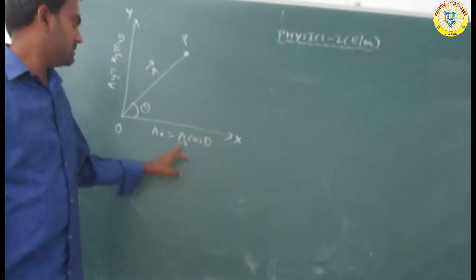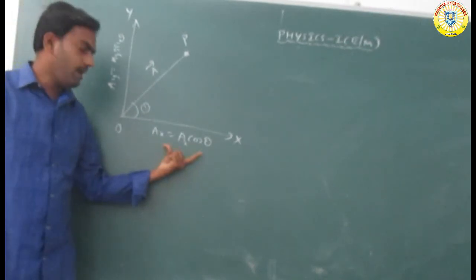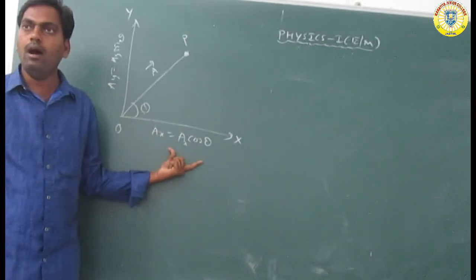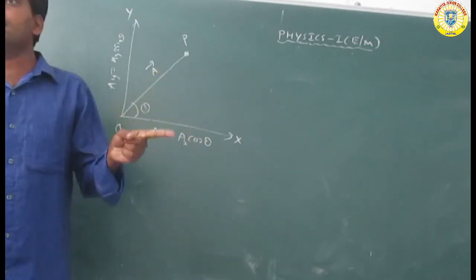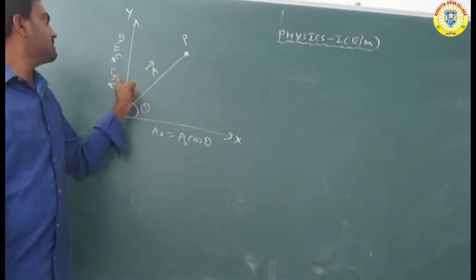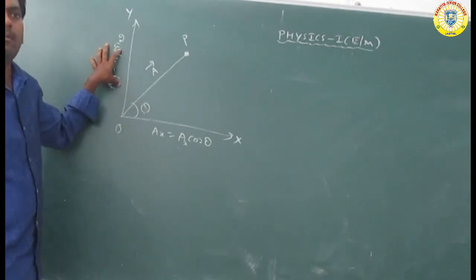These are called components. This is called the horizontal component, Ax equals A cos theta, and Ay equals A sin theta is the vertical component.